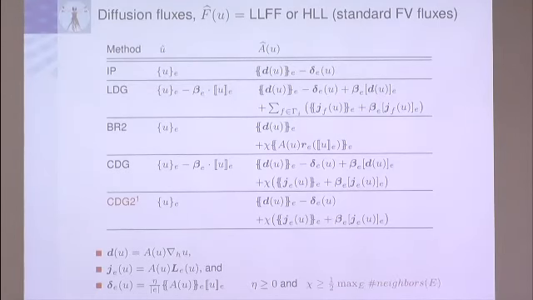Maybe one interesting fact: we have one parameter in the method, the stabilization parameter, which is nicely computable. In this method and in the new method, but also in BR2 and CDG, you just have to count the number of neighbors of an element, and that's basically the factor you have to put into your scheme.